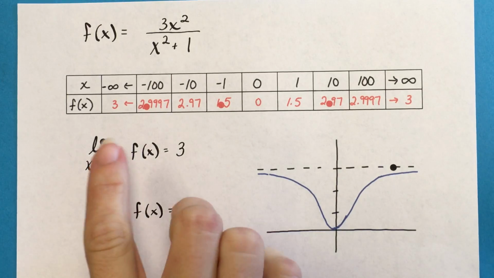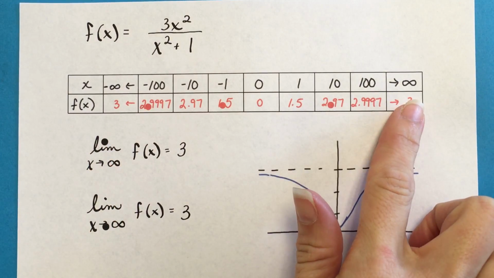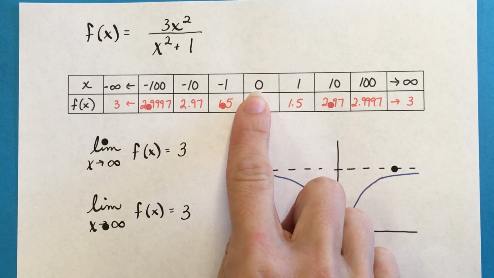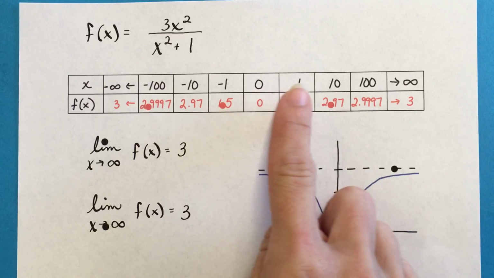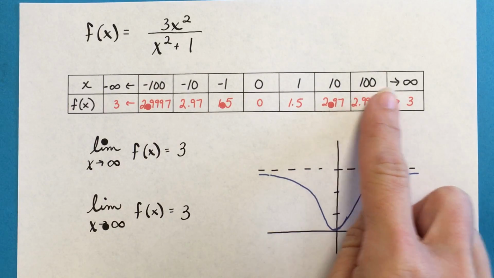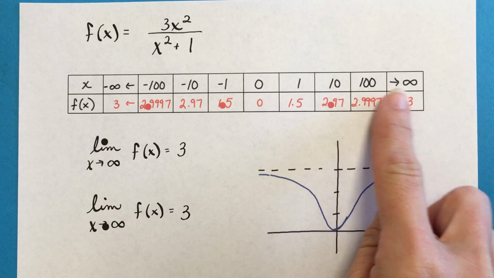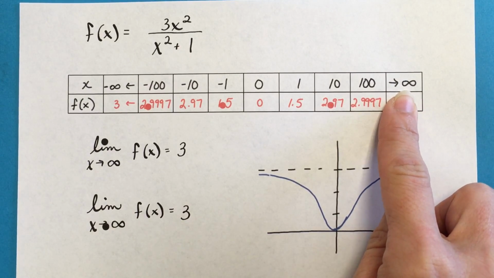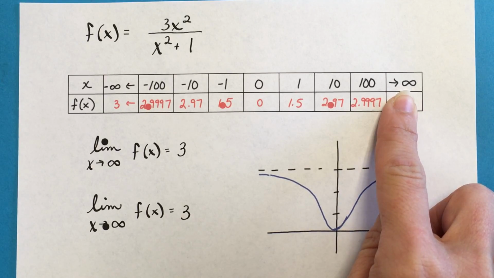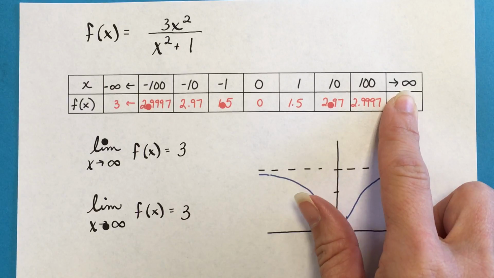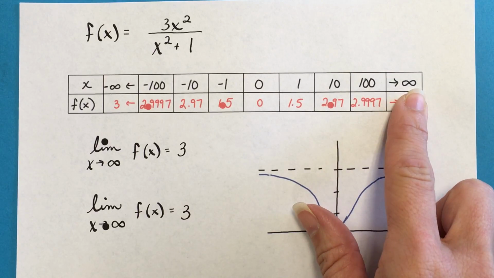If you were to fill in a table for this function, I have 0 in the middle, and then x equal 1, x equal 10, x equal 100. And what I've put here is that we're approaching infinity. That's what it means when you say that you're discussing limits at infinity. That means that your x is going to be approaching infinity.